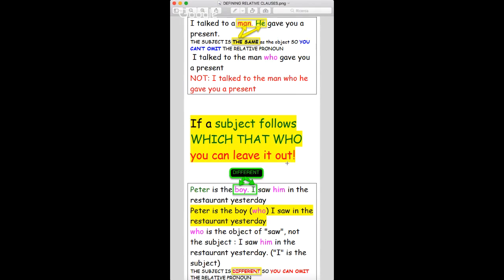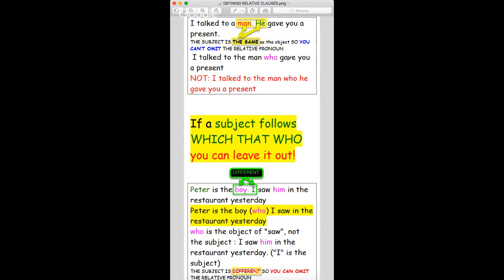It says, Peter is the boy who I saw in the restaurant yesterday. And because it's I following the who, I don't need to say who. Peter is the boy I saw in the restaurant yesterday. Instead, in the sentence above, I talked to the man who gave you a present.